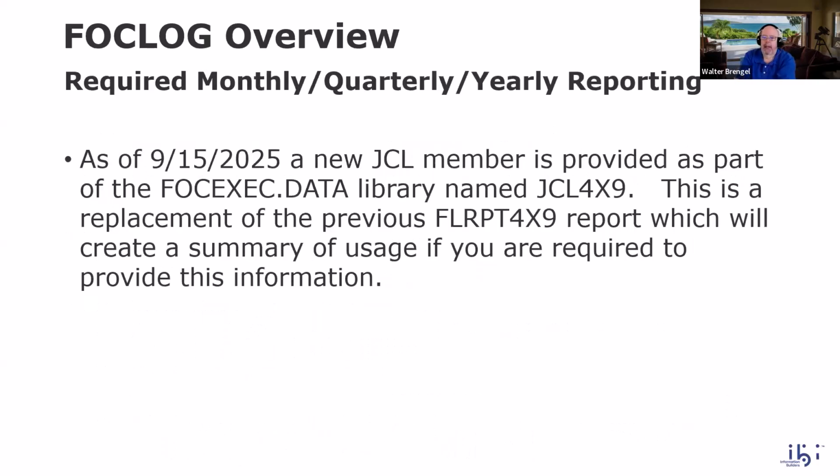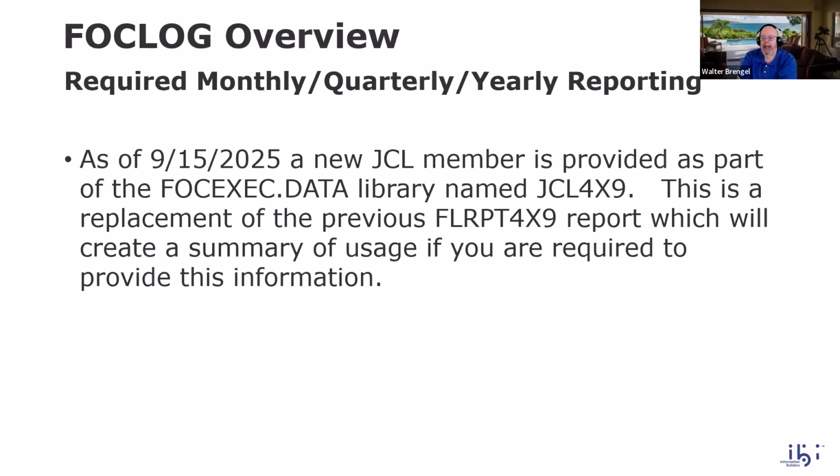All right. So required monthly, quarterly, yearly, whatever your requirement is. As of 9/15, a new JCL member is being provided as part of the FOCEXEC.DATA that we ship with the new licenses, and it's called JCL4X9. Originally the report was FLRPT409, and then it was modified for this requirement and called FLRPT4X9.